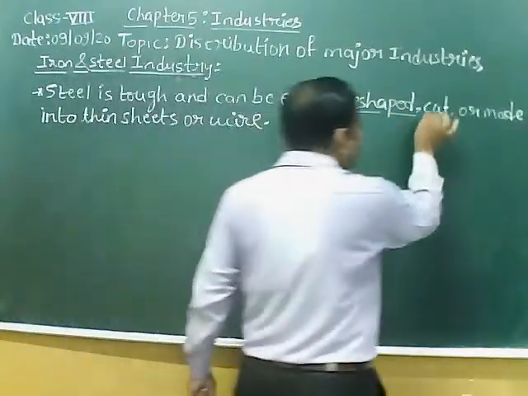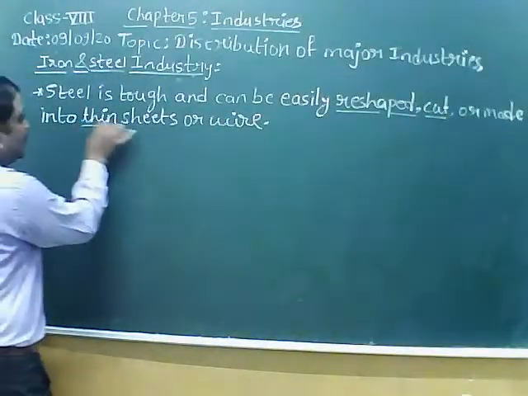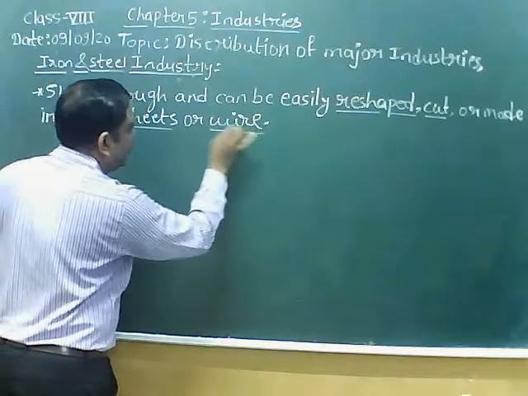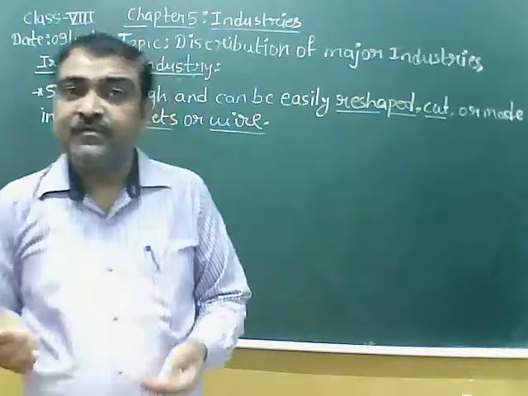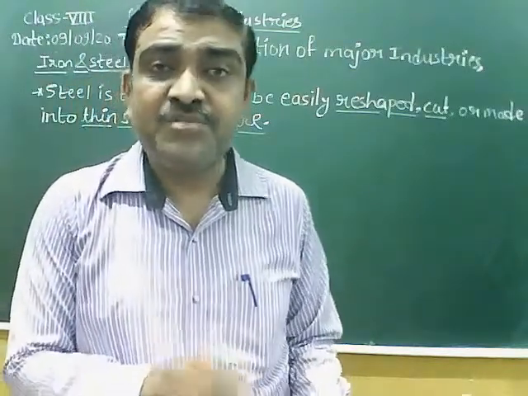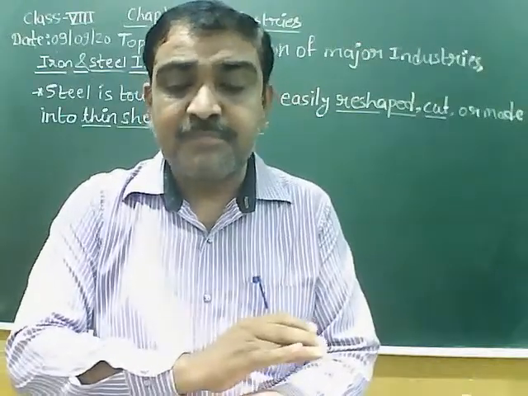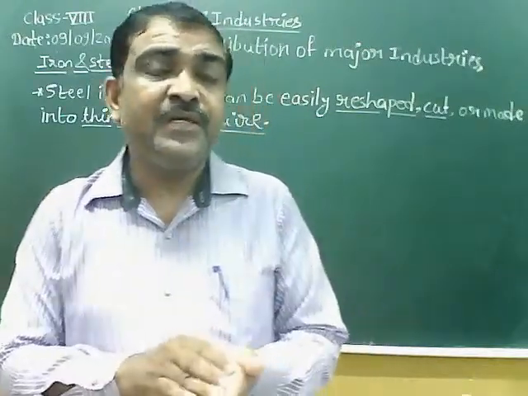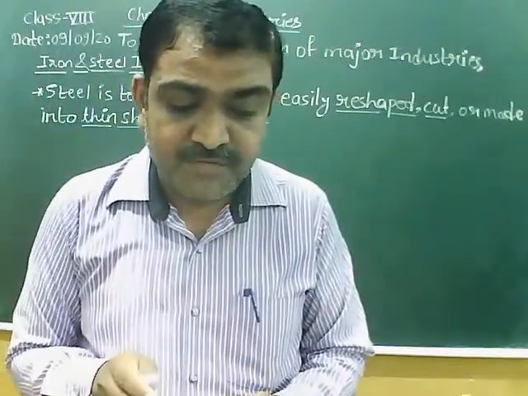It can be cut or made into thin sheets or wire. स्टील के वायर बना सकते हैं. शीट मतलब पतली चादर भी बनेगी, which can be used for several purposes.